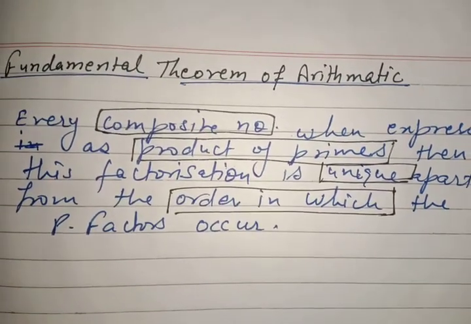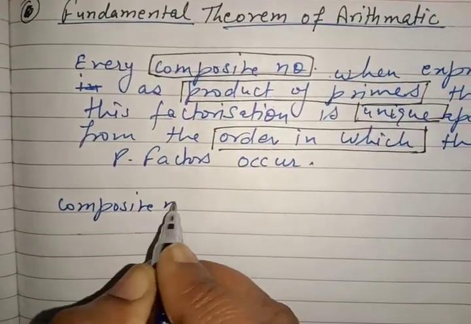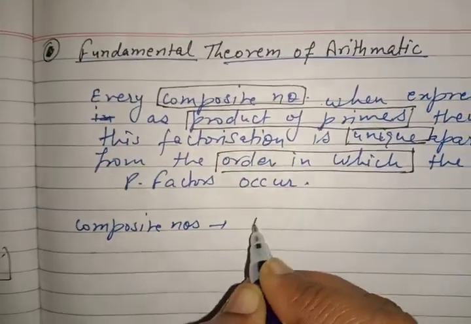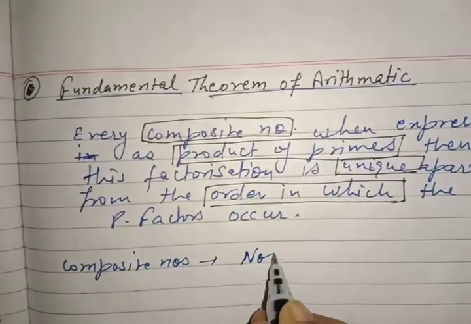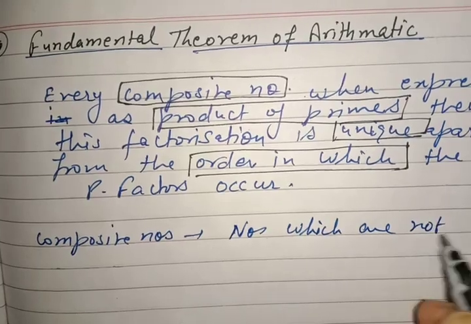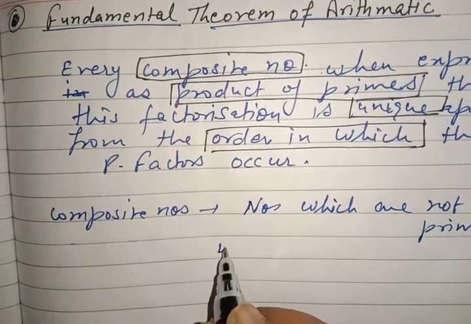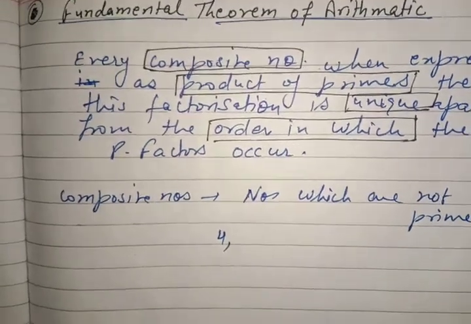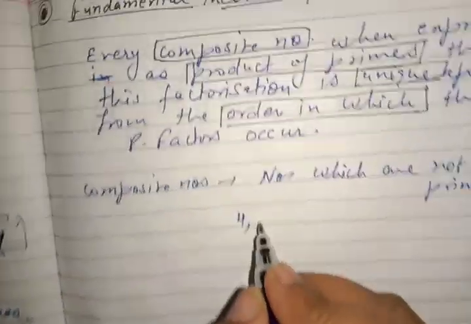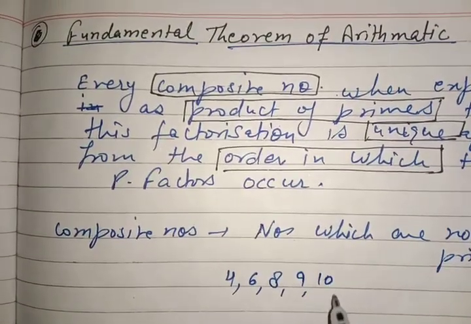First of all, the meaning of composite number. Composite numbers, the numbers which are not prime. Just like 4 means which has more than 2 factors. 4, then 6, then 8, then 9, 10, 12.